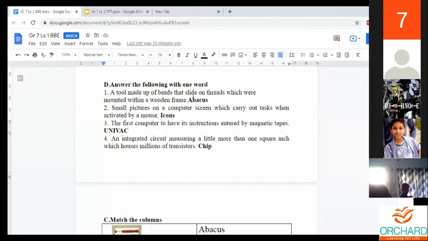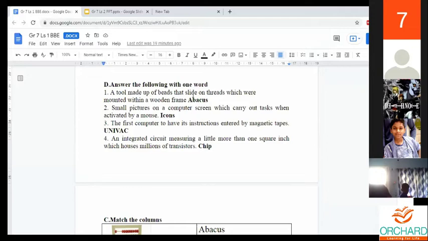Remember, UNIV represents universal, A for automatic and C for computer. So the first computer to have its instructions entered by the magnetic tapes is UNIVAC, Universal Automatic Computer. Or else you can write UNIVAC 1.